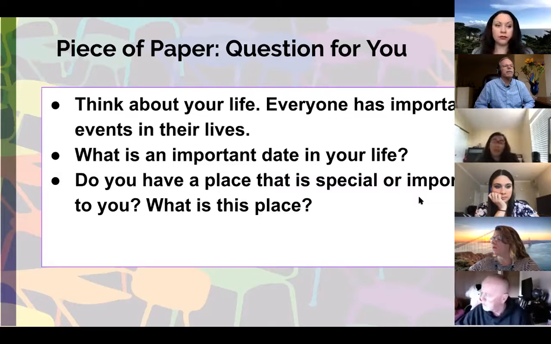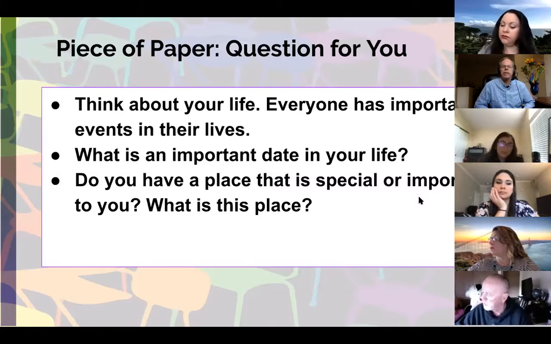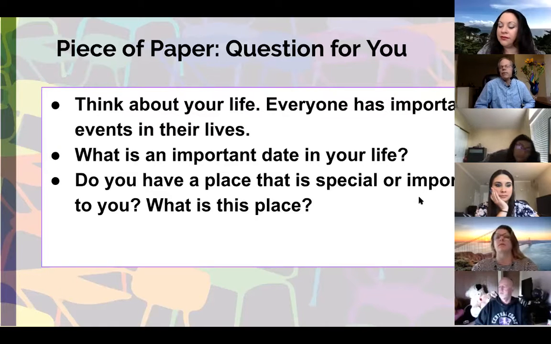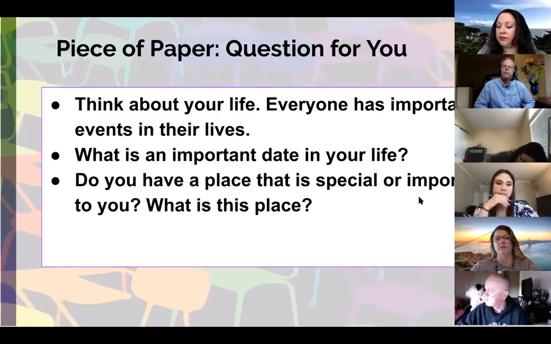As I was putting this together, I thought about this for myself, and an important date for me is December 31st, 1989, because that was the birth of my daughter. I remember that very well. I've got other important dates, but that one I thought I would share. And then I thought about a place that was special to me. I grew up in Santa Cruz and moved back to Santa Cruz.